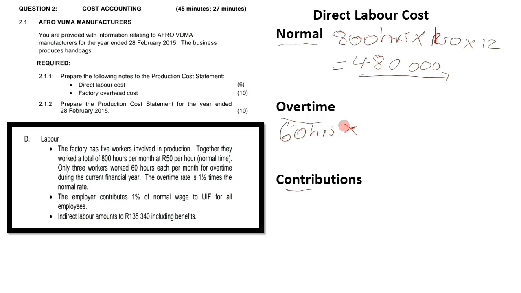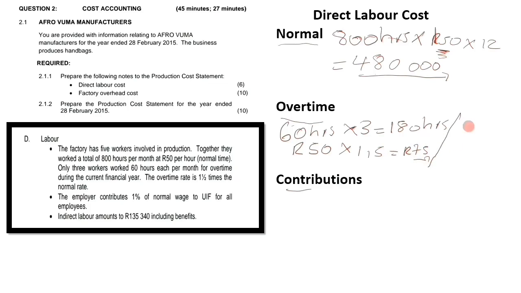It's going to be 60 hours multiplied by 3 employees, meaning all of the employees will work 180 hours. Because the statement says these employees will earn 1.5 times the normal rate of 50 rand, you say 50 rand multiplied by 1.5, meaning these employees will be paid 75 rands as overtime.